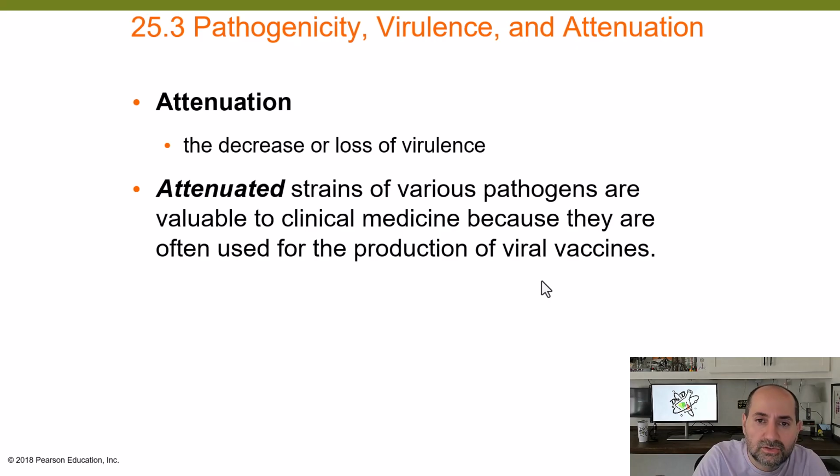It's no longer able to function correctly and cause disease. Oftentimes, an attenuated strain of a virus might be used as a vaccine, or an attenuated or denatured form of a toxin can be used as a vaccine as well. So, for example, with tetanus toxin, the vaccine is what's known as a toxoid. It's an attenuated form of the tetanus toxin. So attenuation means loss of virulence.